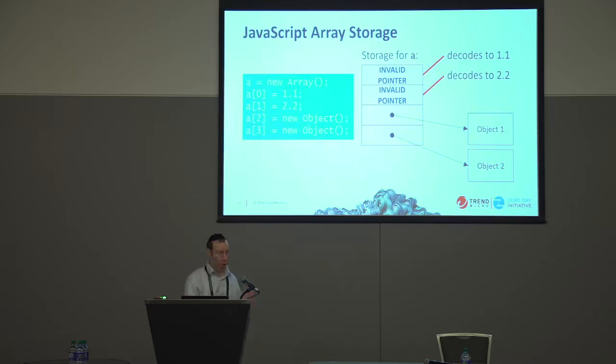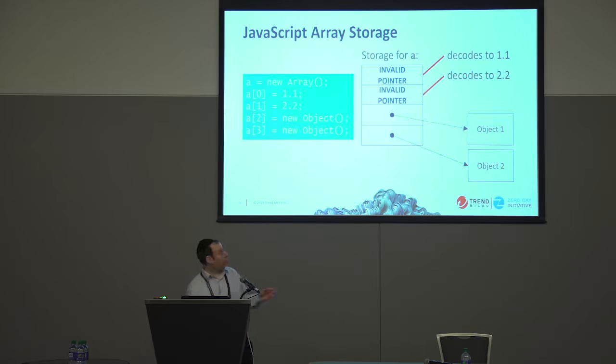And this is what we call a general array, as opposed to a native array. As you can see in the illustration, where there are indexes that point to a JavaScript object, as in the last 2 indexes there, then the storage for array A simply contains the pointers to those objects.